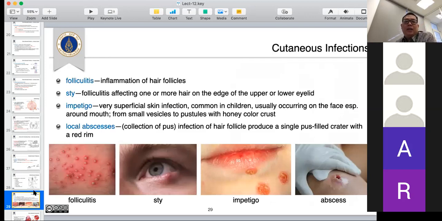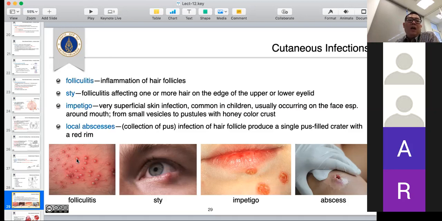Okay, the cutaneous infection by skin, you might get folliculitis. Folliculitis means an abscess that happens at, how can I say, the hair follicle. So everywhere you have hair, the root of hair probably gets accumulation of Staph aureus and develops a pus.